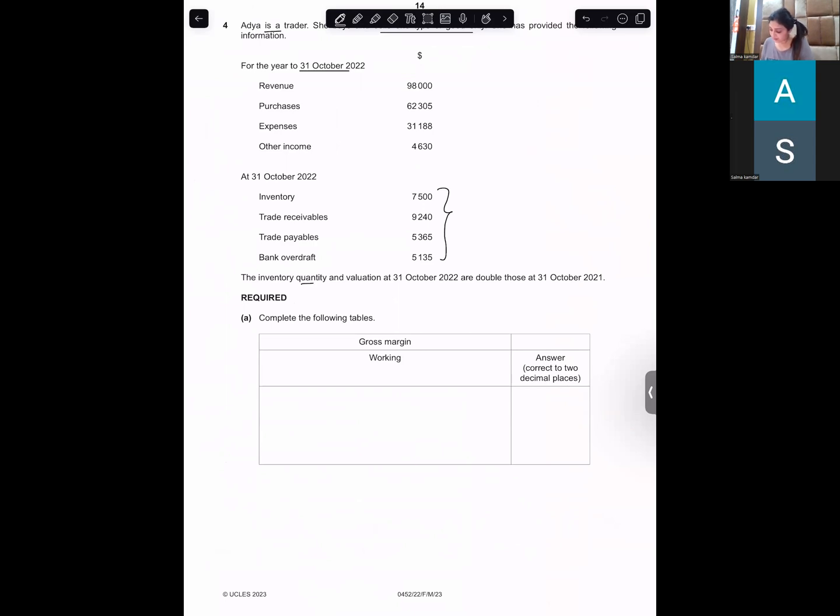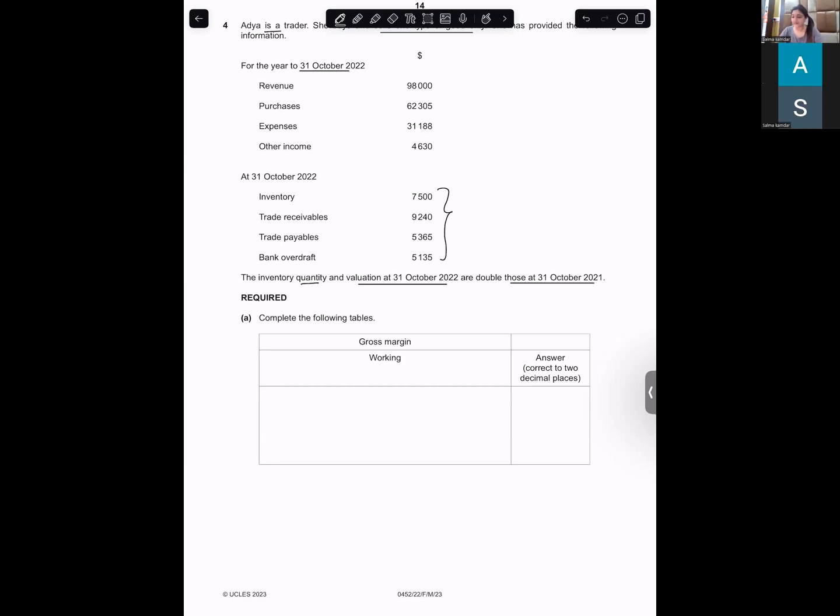The inventory quantity and valuation at 31 October 2022 are double those at 31st October 2021. This is our last day of the current year, and this is the last day of the last year.